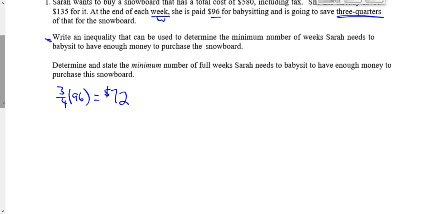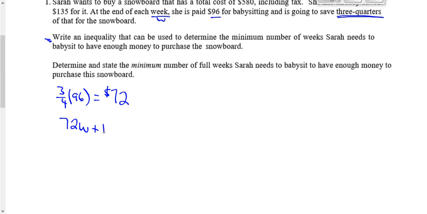All right, so we're using W instead of X. So let's write the inequality. 72W plus what? We talked a moment ago. You answered the question moments ago. 135.